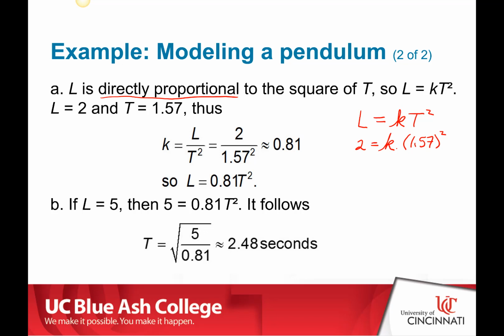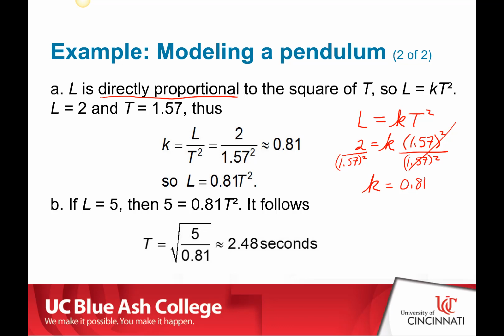Is that pretty straightforward? What you want to do is divide by this 1.57 squared to get those to cancel. Well, we'll divide by the 1.57 squared, which will then give us k is going to be about 0.81.